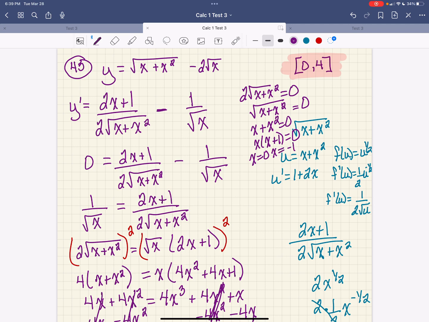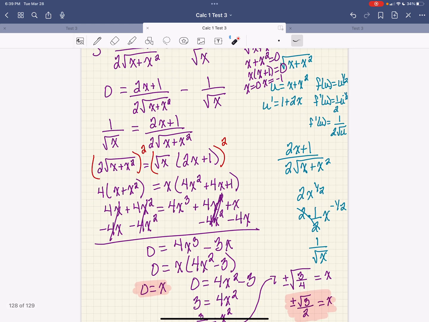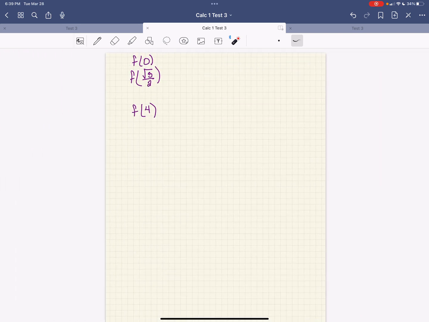When we set our denominators equal to 0 to find our critical numbers that make the derivative undefined, we would get 0, which we're already covering, and then we would get -1, which is outside of our interval. So we don't have to worry about that. So these are the only 3 that we are evaluating.